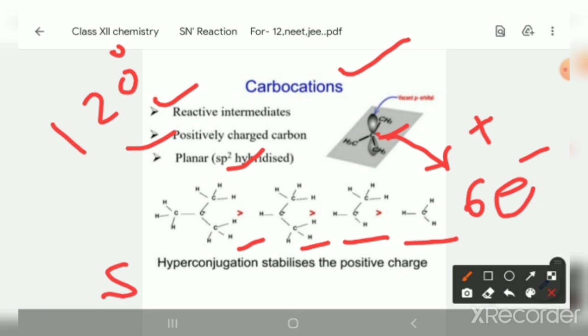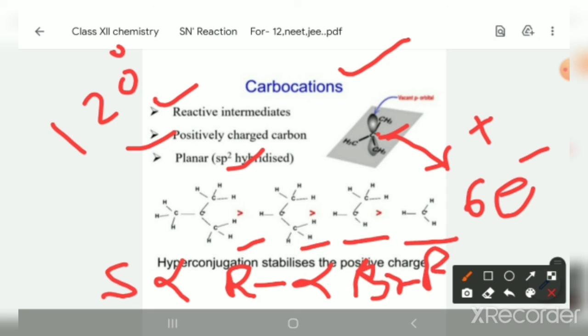The stability is directly proportional to the size of the alkyl group, to the branching of the alkyl group. यानी alkyl group में जितनी ज़्यादा ब्रांच होगी वह उतना ही ज़्यादा स्टेबल है. That is why this is more stable. See here the order, then this, then this, and this is very unstable.